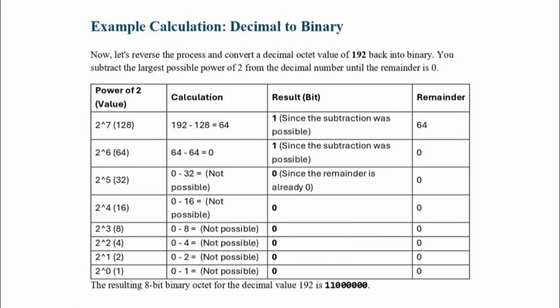As we got the remainder 0, subtracting 2 power 5 is not possible, so we take that as 0, and so on until 2 power 0, we take all of them as 0. So the resulting 8-bit binary octet from the decimal value 192 is 11000000.